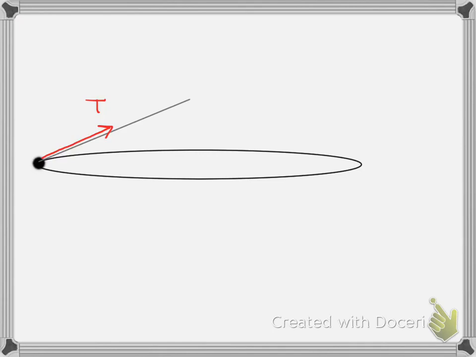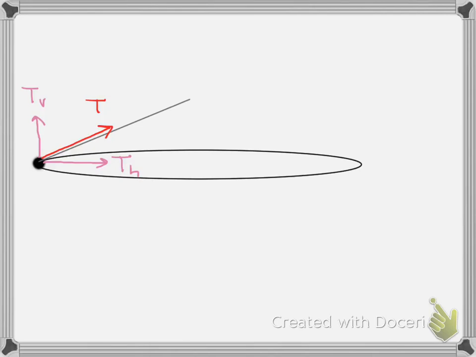So the tension in this case can actually be thought of as two different forces. We can break it up into its horizontal and vertical components. There's the tension horizontal, and there's the tension vertical. These are the preferred set of components that we've talked about before.